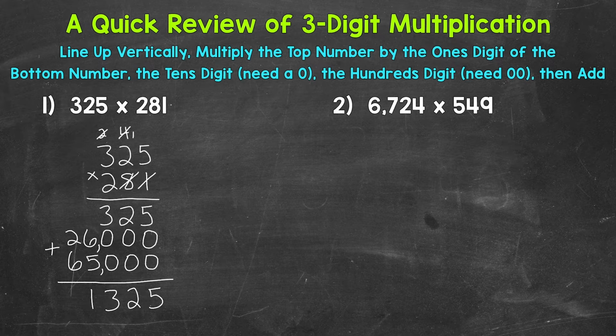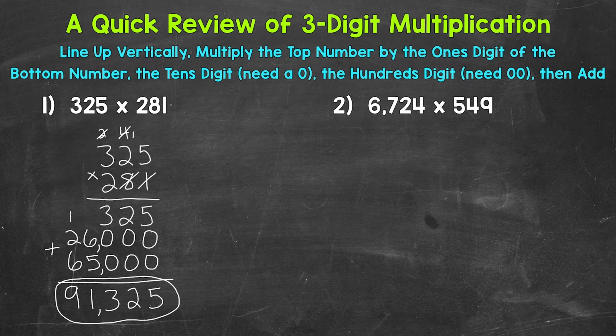So we'll put our 1 and then carry the other one. And then 1 plus 2 is 3, plus 6 is 9. We will put in our comma, and this is our final answer. 91,325.